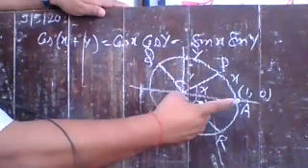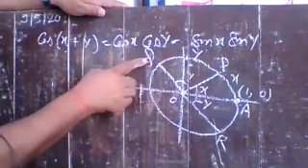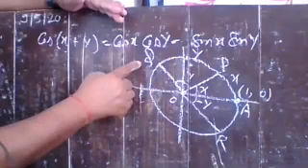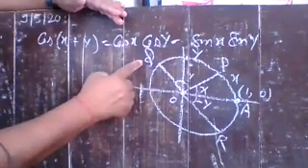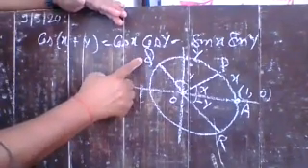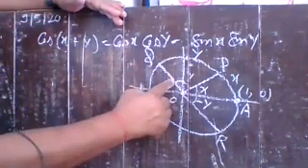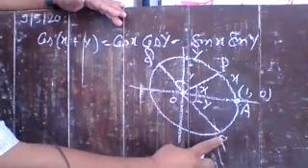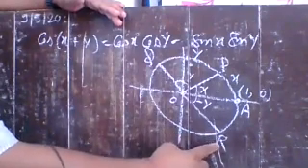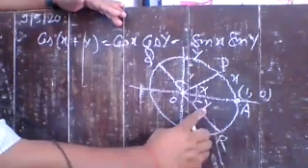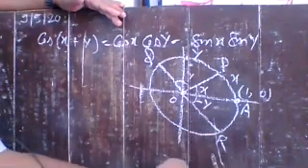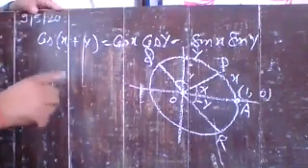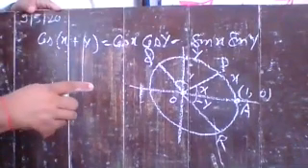In the same way, the coordinate of point Q is (cos(x + y), sin(x + y)). And the coordinate of point R is (cos(-y), sin(-y)). So in this way, you have the coordinate of each point lying on the unit circle.